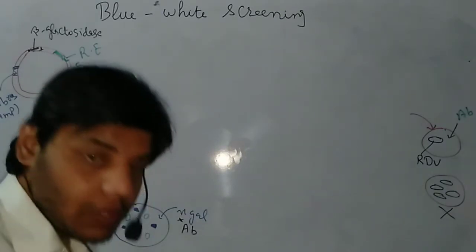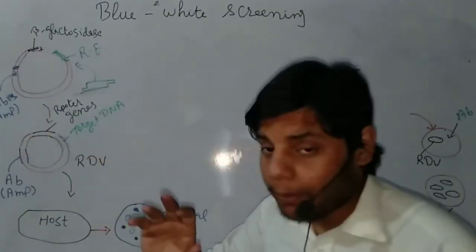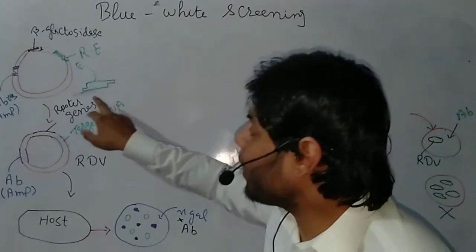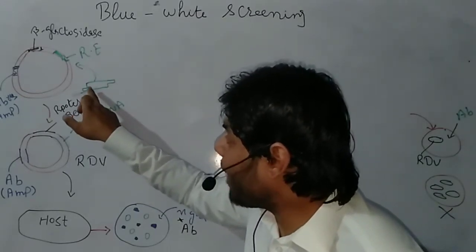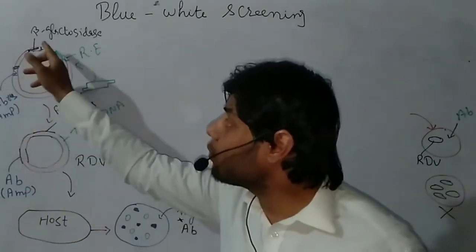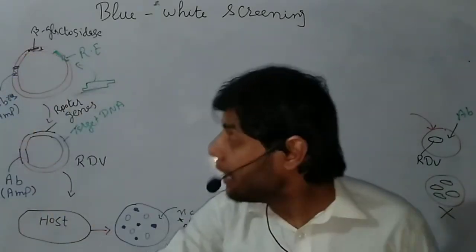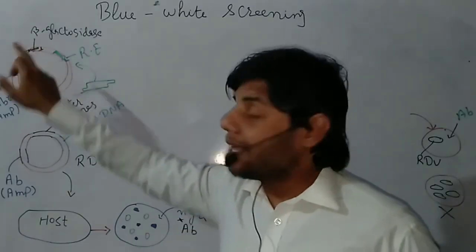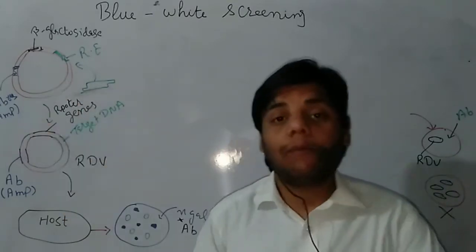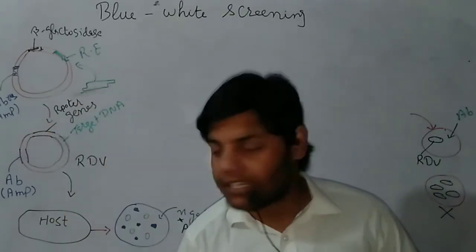Now how? Because remember, whenever we combine this target DNA near to the reporter genes, near to this beta galactosidase gene, then this enzyme will be disrupted, or this enzyme will be deactivated or inactivated.